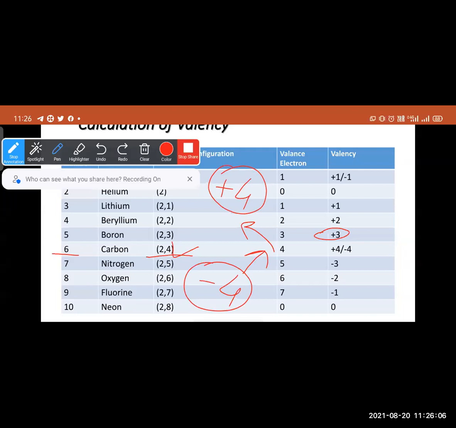So carbon will prefer to share electrons. It can't donate electrons, can't accept electrons, so it will prefer to share electrons to achieve the stable configuration.